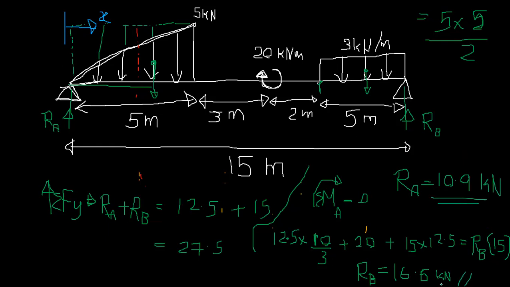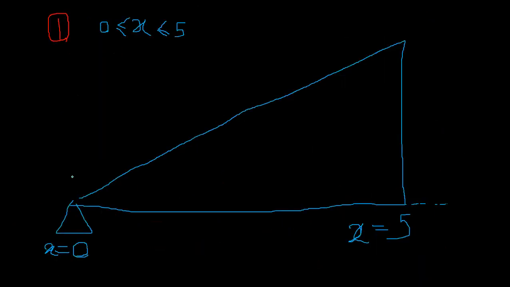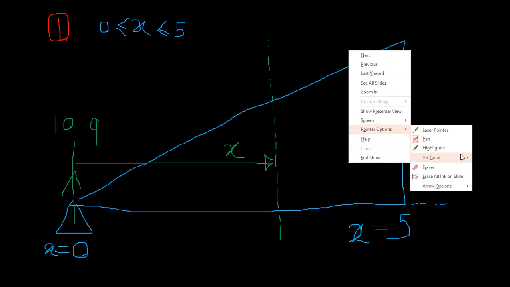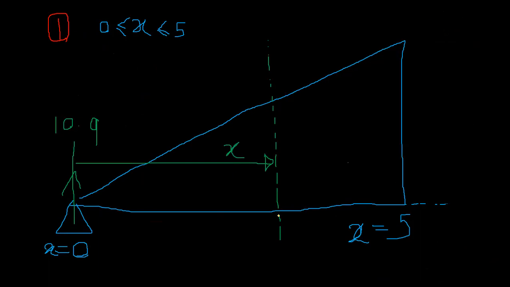Okay. So now I know the values of RA and RB, right? So here you have a force of 10.9, that is RA, right? So you need to cut this beam at a distance of X. If you cut it, you have internal shear and bending moment, right?